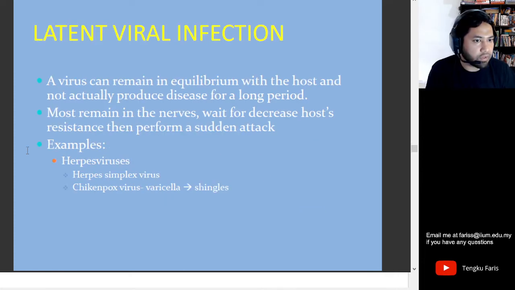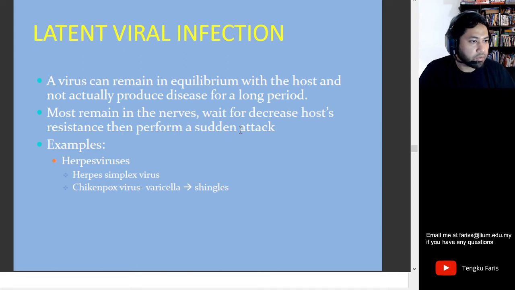Let's move on to the latent viral infections. What does latent mean? Latent means a virus can remain in equilibrium within the host and not actually produce disease for a long period of time. Most remain in the nerves, wait for decreased host resistance, then perform a sudden attack. Okay, so it's kind of sleeping, latent, so you didn't know that. It can be in our body right now.